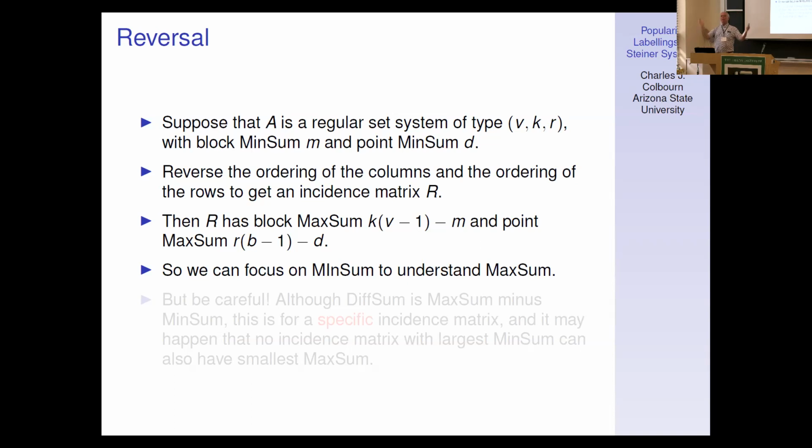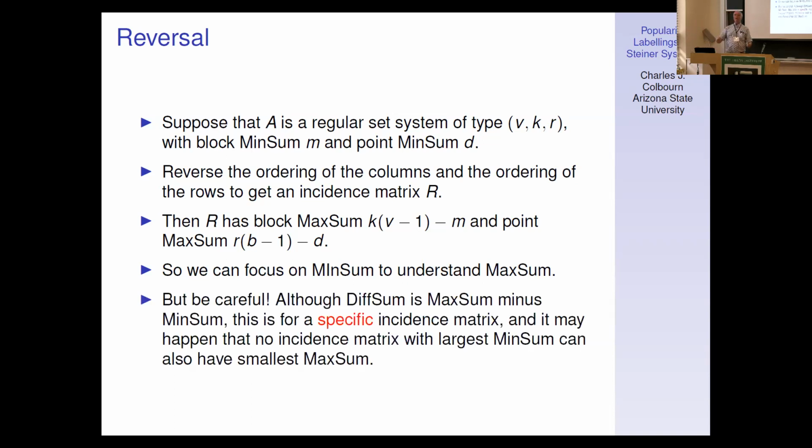And a lot of people say, well, that's great, because now you can eliminate diff sum as well, because after all, diff sum is just max sum minus min sum. So please be careful, okay? Why am I telling you to be careful? Well, diff sum is max sum minus min sum for a specific incidence matrix.